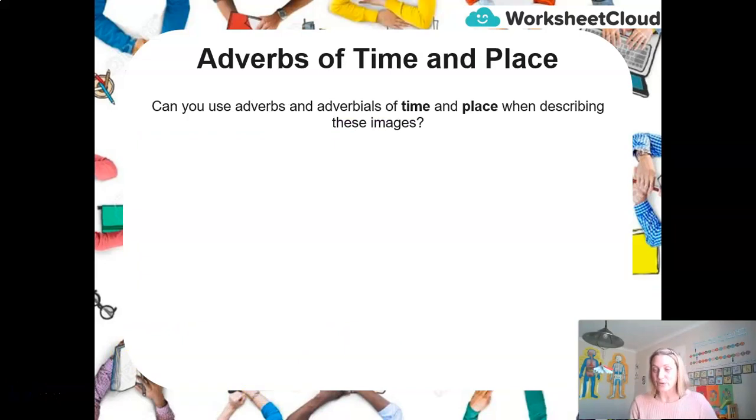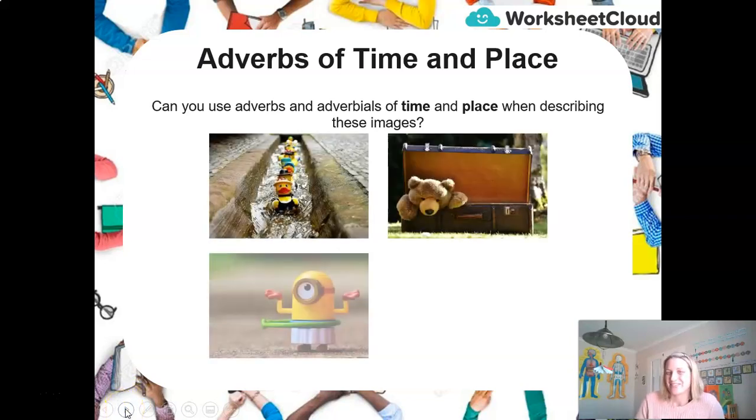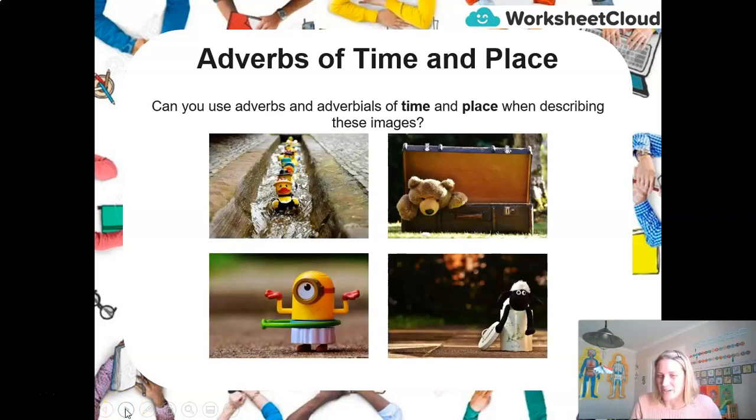Now let's see if we can put our knowledge into action in a writing situation. So I'm going to show you 4 images and I'd like you to look at them very closely. Try to find ones that are a little bit fun. I have some rubber ducks going down a drain, a teddy bear in a suitcase, a minion doing some hula hooping, and Shaun the sheep.